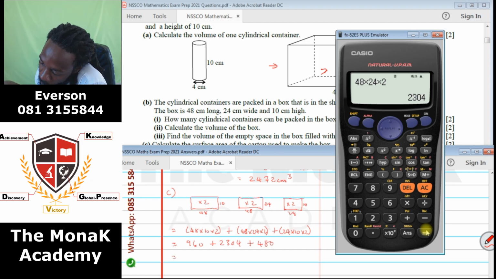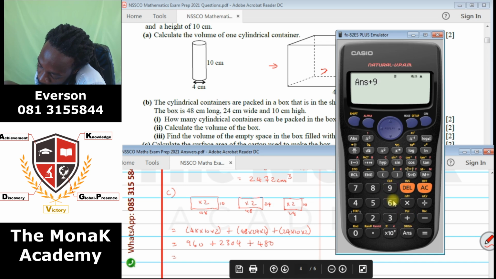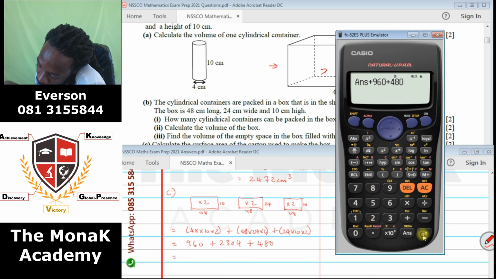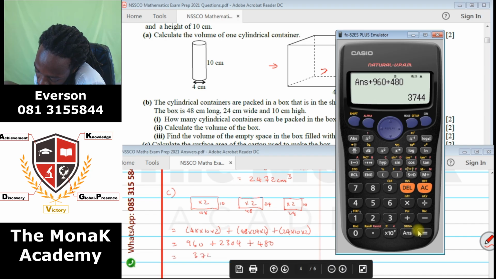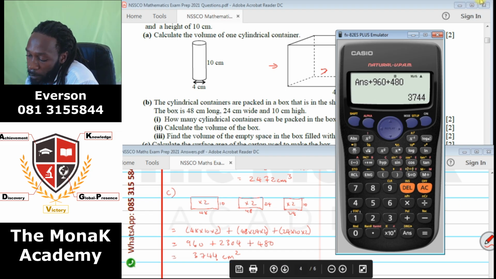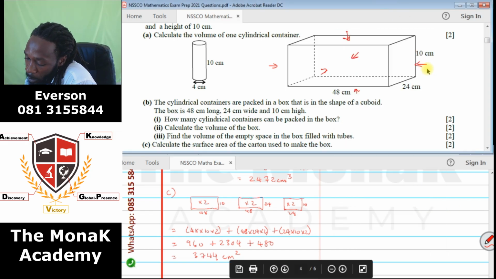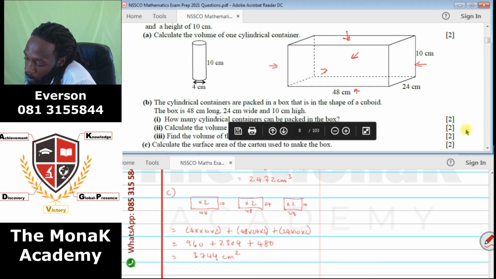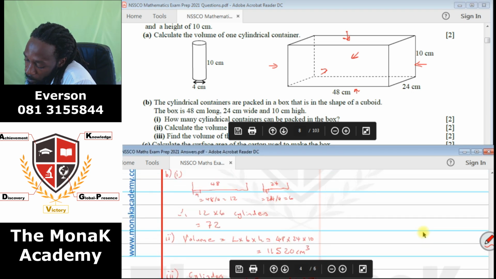So at the end of the day, it's 960 plus 2304 plus 480, 3744. And remember, it's surface area, so the answer is in centimeters squared, not cubic. That is it. That question had a lot of marks, 2, 4, 6, 8, 10 marks. It was a nice question to have in the exam.